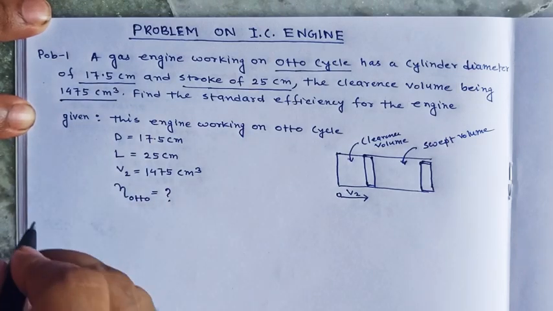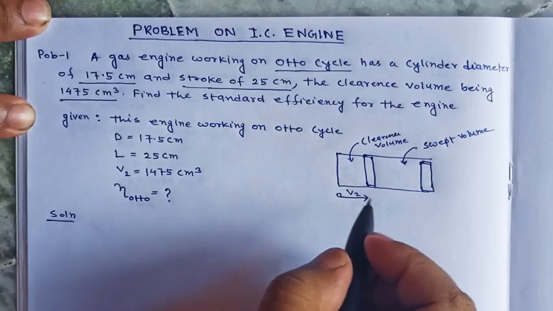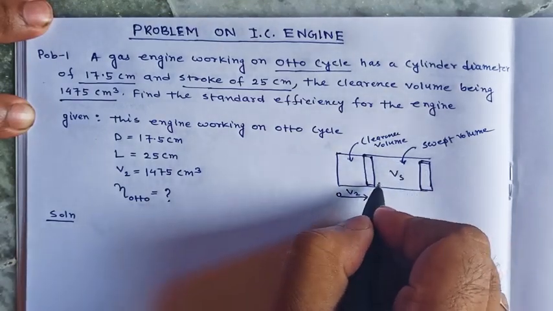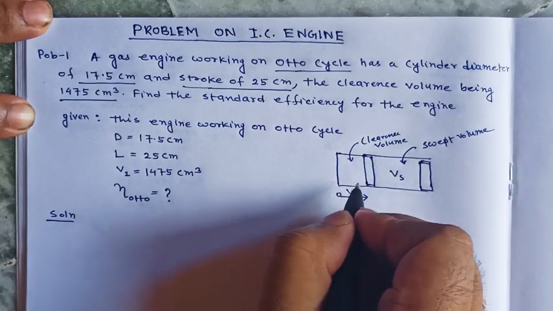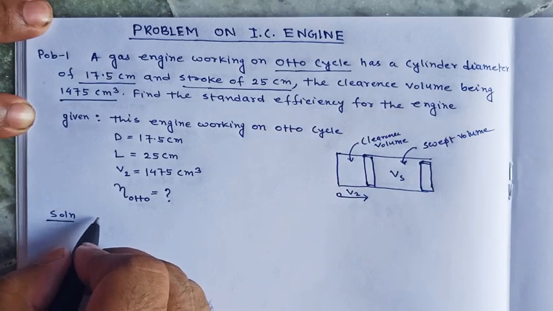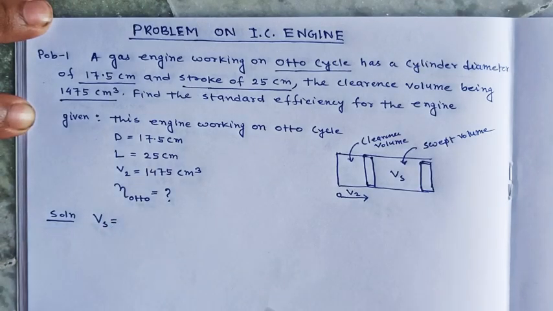Okay. Solution. This is Vs, this volume is swept volume and this volume is clearance volume. Okay. Now we have to find first the Vs, this swept volume.